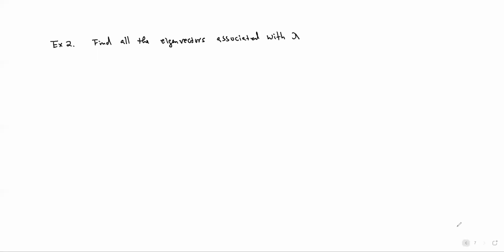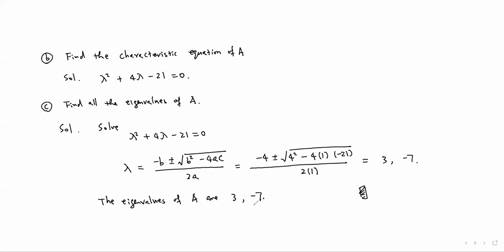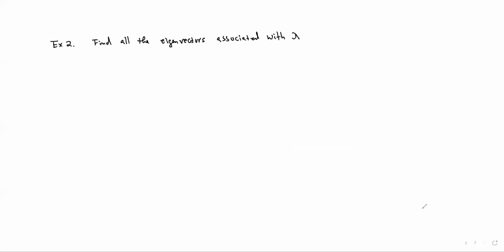This is a continuation of the previous example. In the previous example, we have 2 eigenvalues, 3 and negative 7. Okay, now find all the eigenvectors associated with, say, eigenvalue 3, of the matrix A in example number 1. Okay, now how to answer this question? Solution.